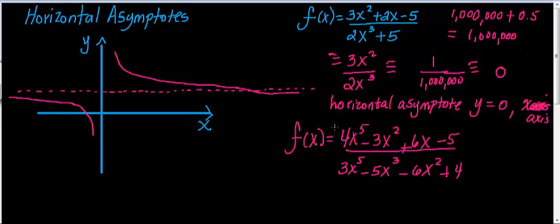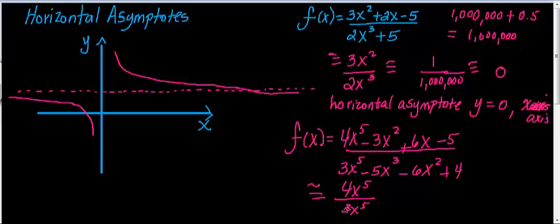Notice here that if I want to find my horizontal asymptote, I concentrate again on the leading terms, because these x values are so large that it makes these other additions and subtractions practically nothing compared to the enormity of these two numbers. So this is practically 4x to the 5th power over 3x to the 5th power.